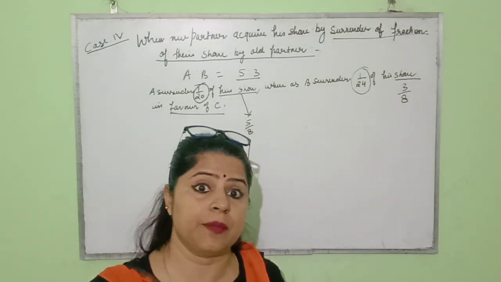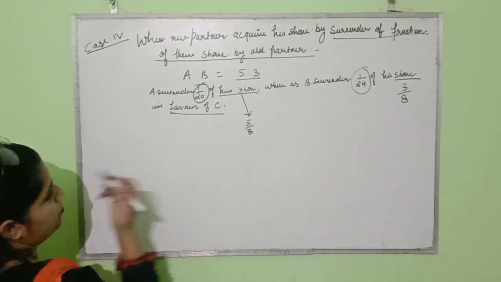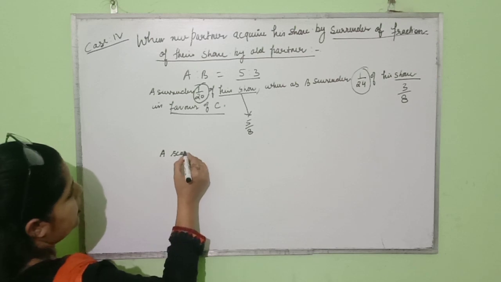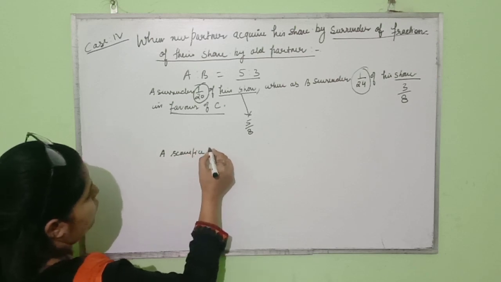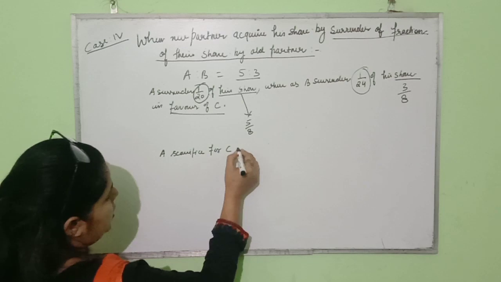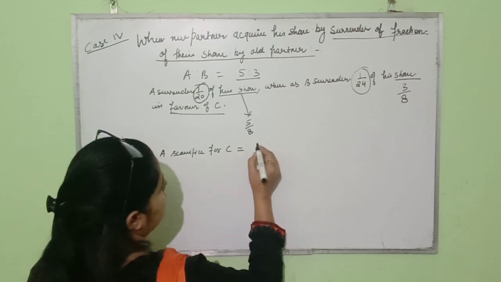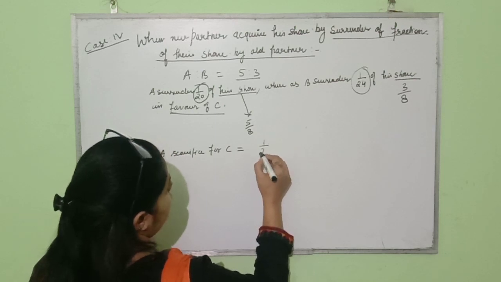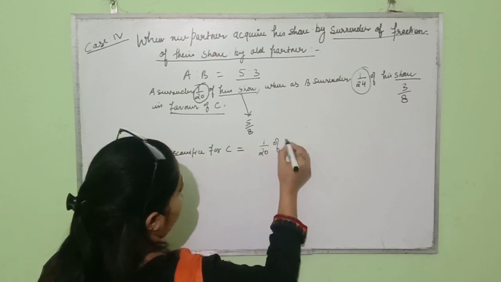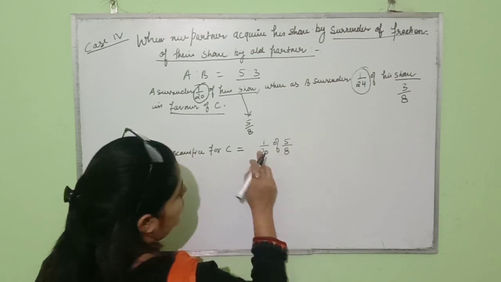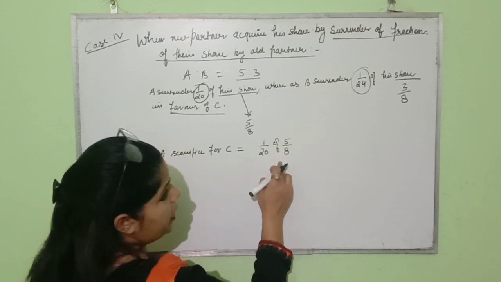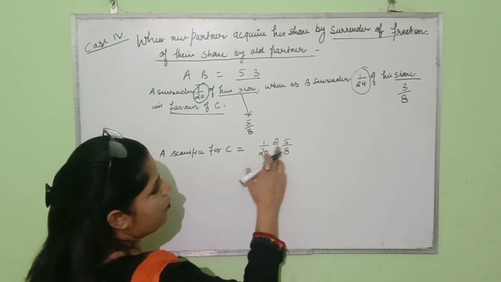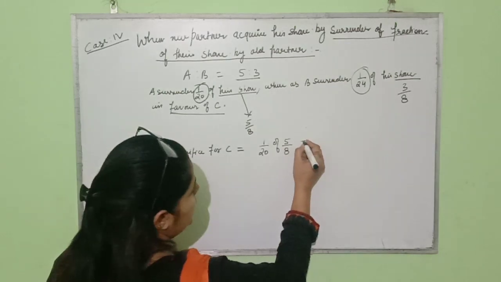So let us calculate it. A sacrifices for C, that is 1/20 of 5/8. A sacrifices for C 1/20 of his share 5/8.